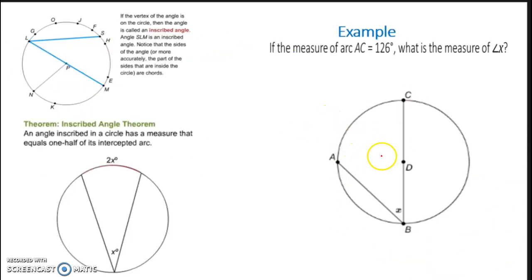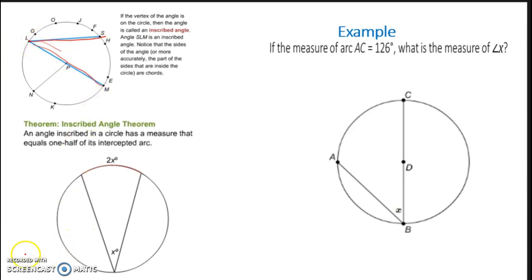One more thing we want to talk about is inscribed angles. So if we have the vertex of the angle, instead of lying on the center of the circle like our central angles, and that's what NPM would be here, sometimes we have inscribed angles where the vertex instead is actually on the circle. So you can see the angle cuts across the whole circle here.